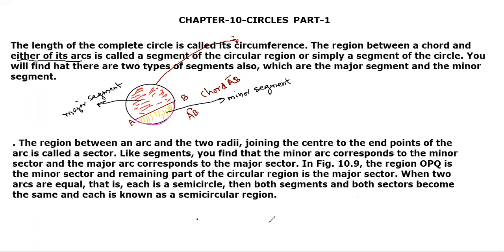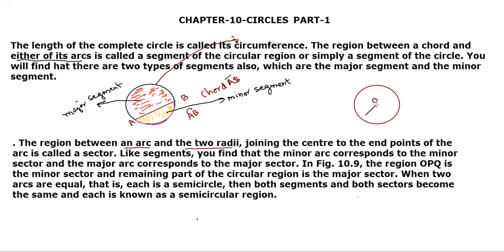Then we have sector. Next is what? Sector. What is a sector of a circle? It is the region between an arc and the two radii joining the center to the endpoints of the arc. This is the center, and you have two radii, any two radii.